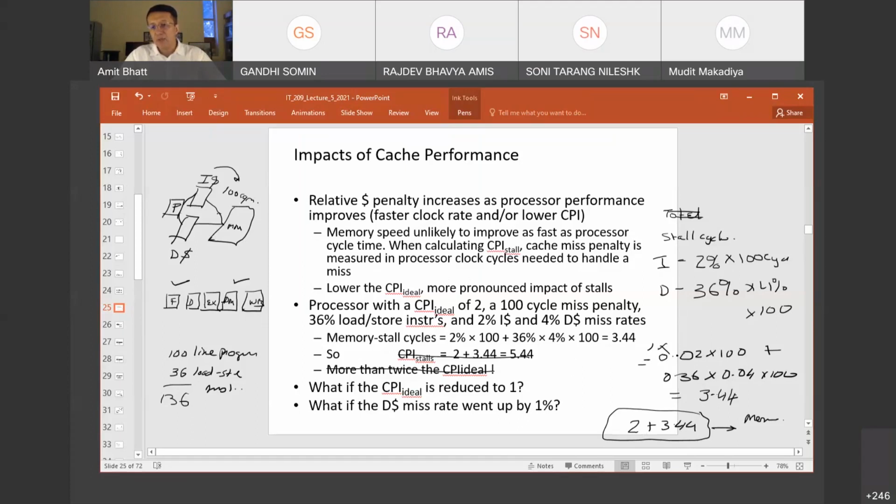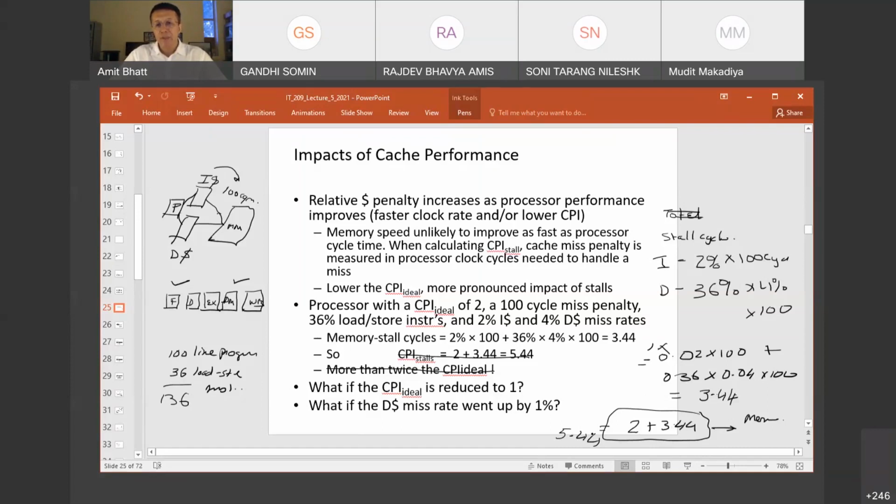So, I mean, these are the cases which we have considered only for misses: this is what happens when an instruction miss is there, and this is what happens when a data cache miss is there. So if you want the total, then it is 2 plus 3.44, which is equal to 5.44 cycles used up by the memory stages, and that would increase my time from the ideal 2 to 5.44 cycles.